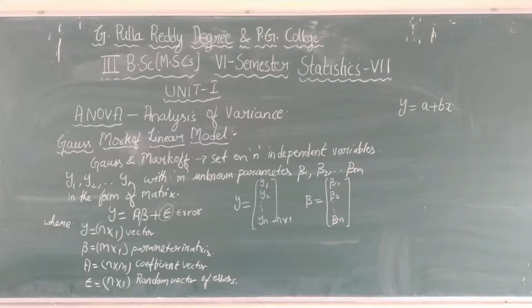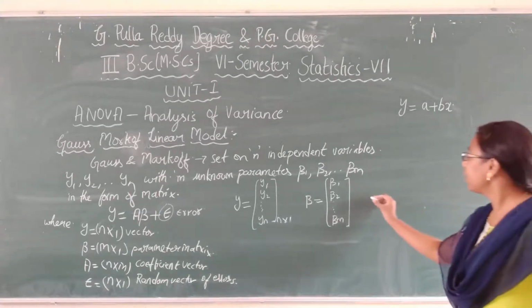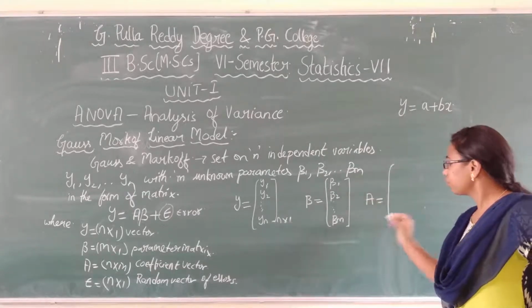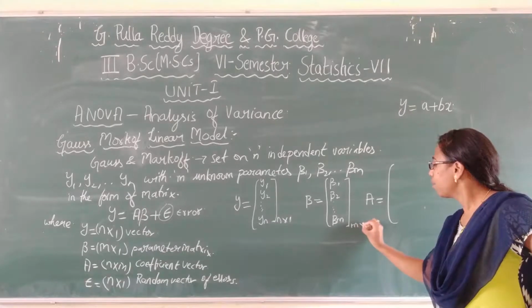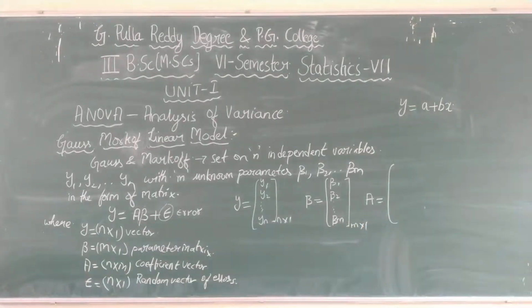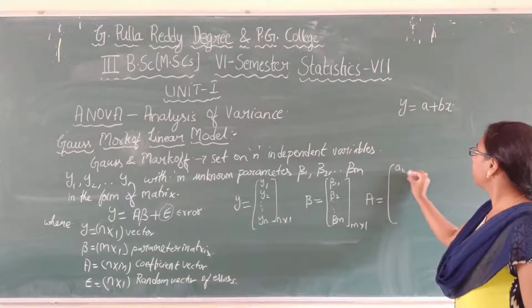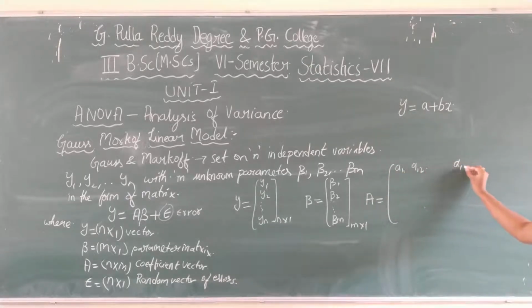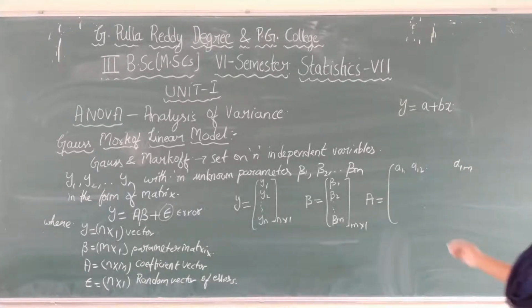Similarly, we will write the coefficient matrix. The coefficient matrix we denote with A. So A equals, say the size of the vector is m by 1. Coming to the coefficient matrix, I am denoting the values of the coefficients with small a letters. That is a11, a12, so on, a1m. So a total of m values will be there, as there are m parameters.